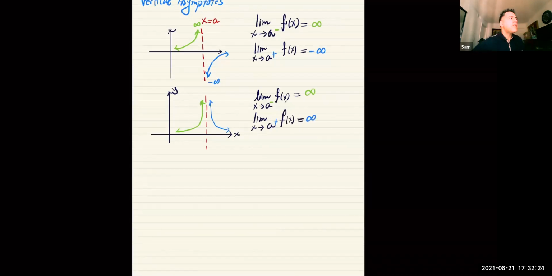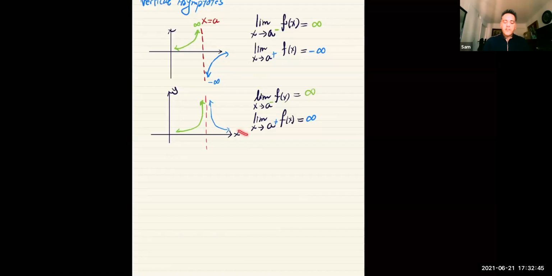With these limits, by the way, don't exist. Limit doesn't exist in these cases. If infinity, guys, is a non-existing thing, infinity is not a number. So the limit doesn't exist.